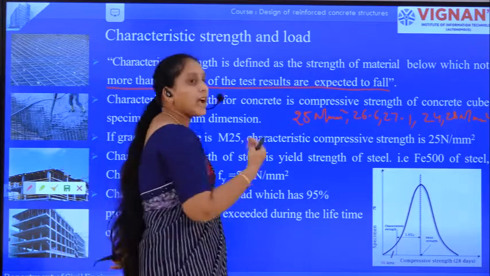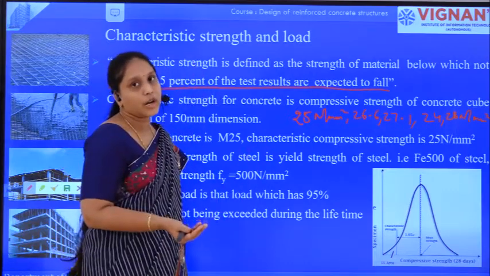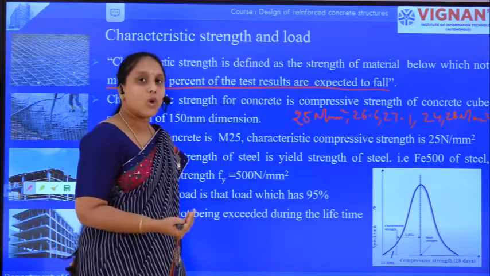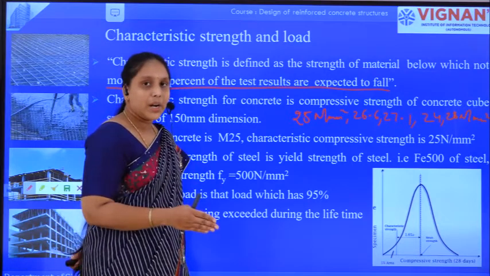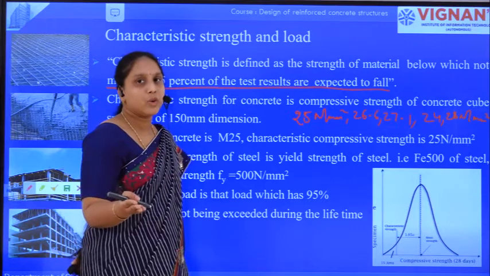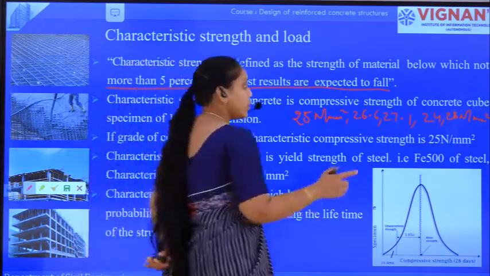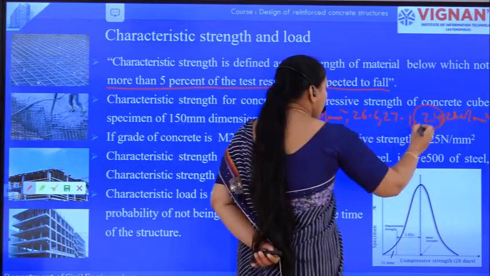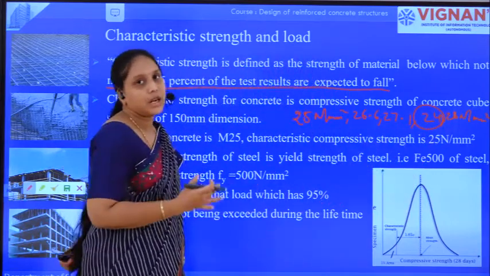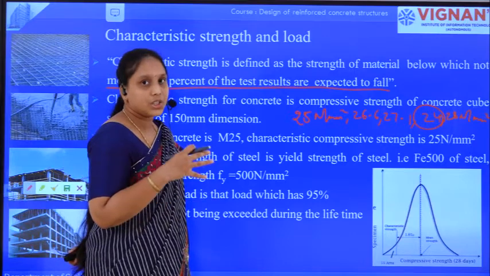If I have casted for M25 grade of concrete, all the values I have got should be either 25 Newton per mm square or above. Only one cube should get a value less than 25 Newton per mm square. That particular strength of the material is taken as the characteristic strength.